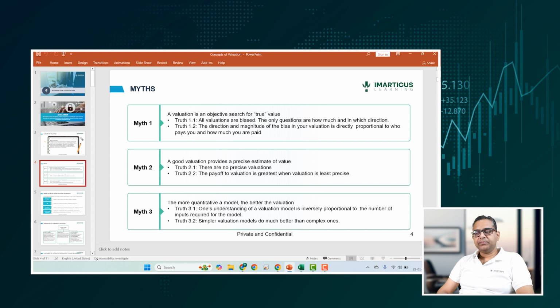So it depends upon who is doing the valuation for whom, who is paying whom and how much is being paid. Due to that, there can be biases.